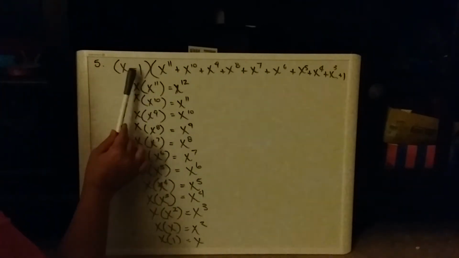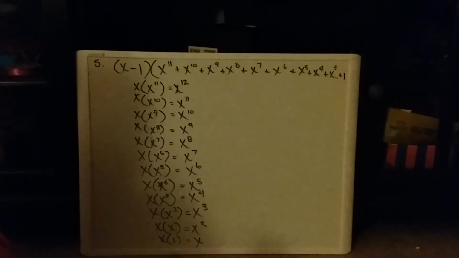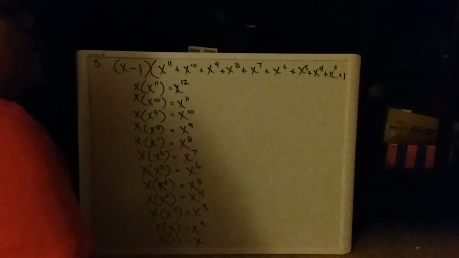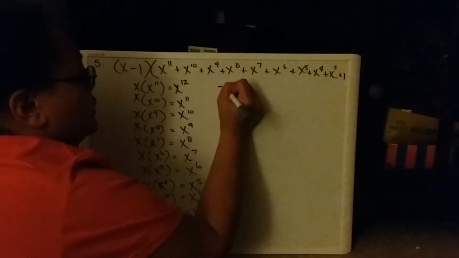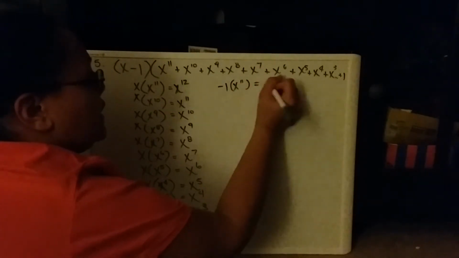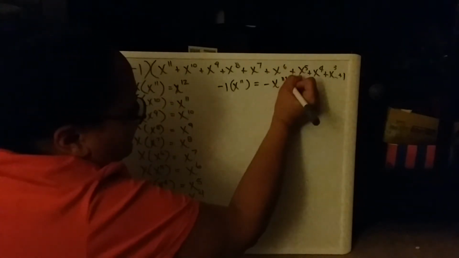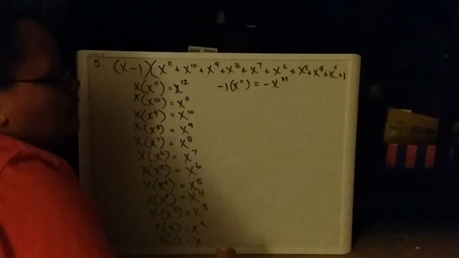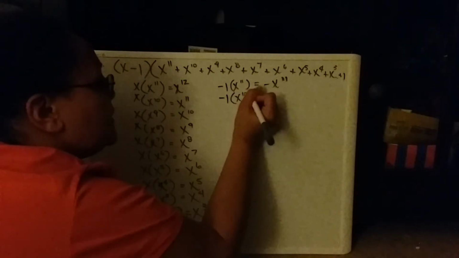So now you've got to do it with this negative 1. Negative 1 gets distributed all the way through this, and I'll do that over here. This is negative 1 times x to the 11th. That is negative x to the 11th. This should be an easier pattern to see.